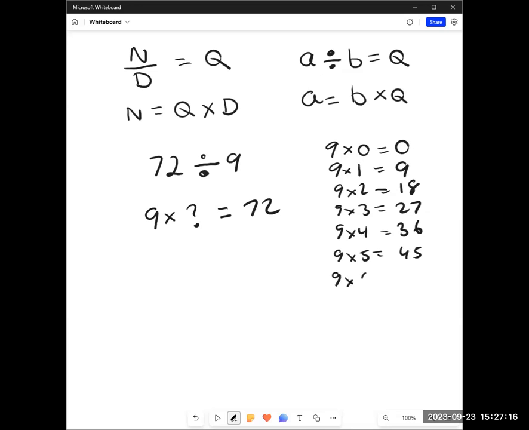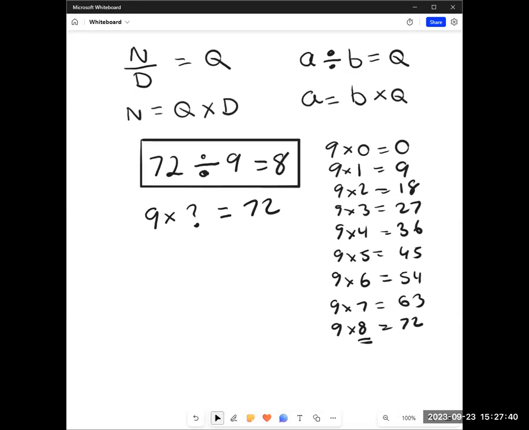9 times 6 is equal to 54. 9 times 7 is equal to 63. 9 times 8 is equal to 72. There it is. So it's 9 times 8. So the answer here is 8.